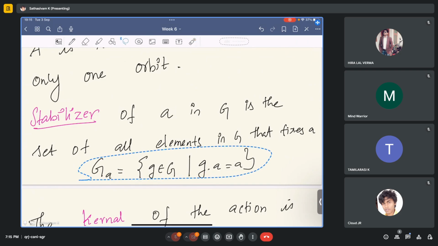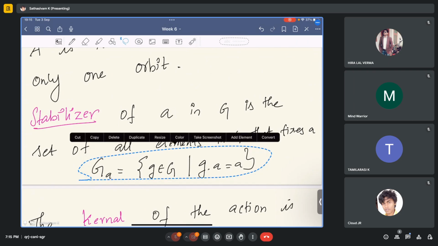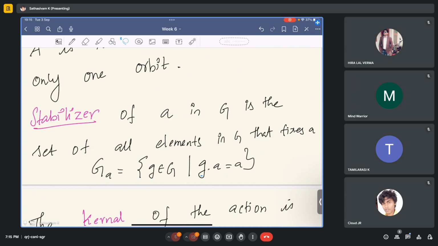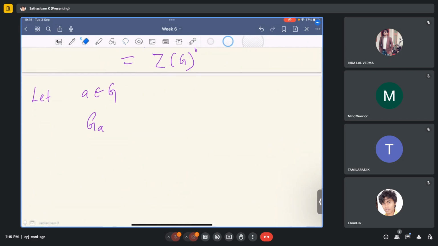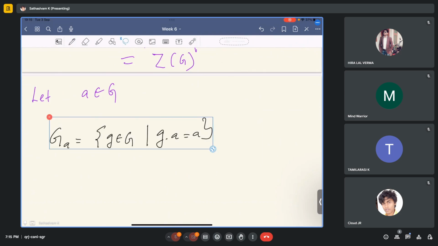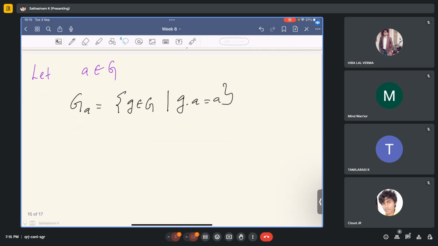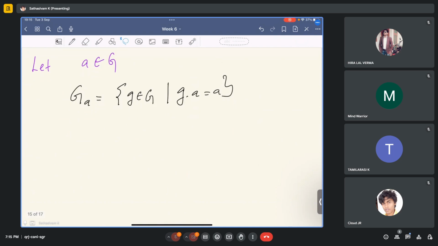This is the set of all g in G which does nothing to a. So these are the set of g in G such that g·a equals a.